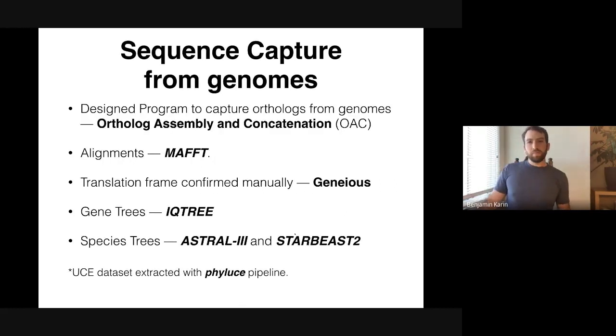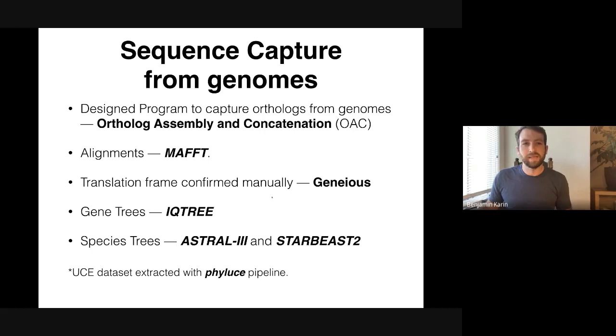So just to briefly go over the methods, I designed this program, orthologic assembly and concatenation, to extract all the loci from the genomes. We were having some issues with other methods, so I'll talk about how this works in a second. We built alignments with MAFFT.